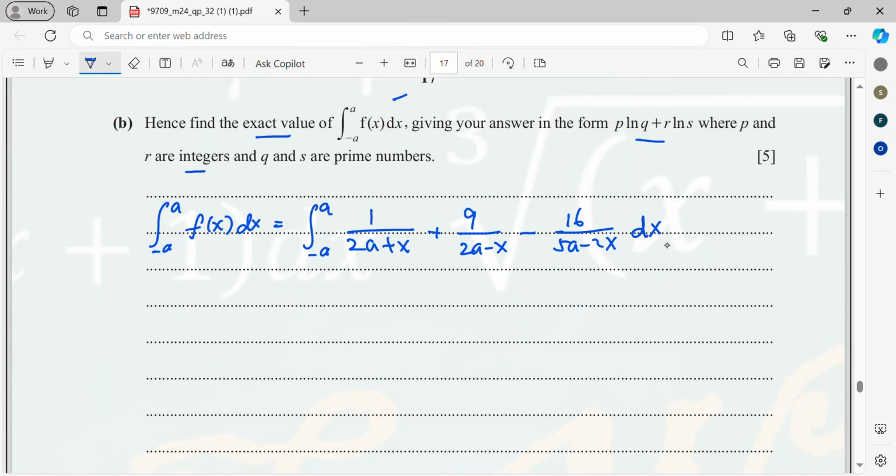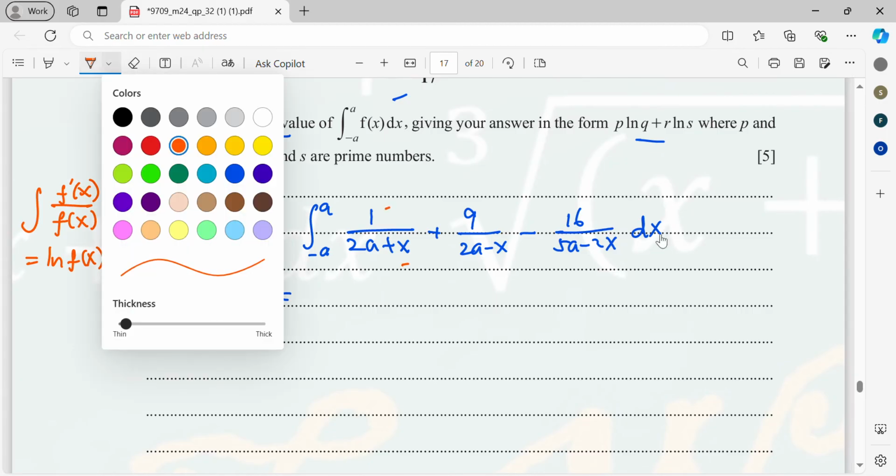So for this case, when you integrate f(x), and the numerator is f prime x, this is going to be ln f(x) plus c. So when I differentiate plus x, I get 1.